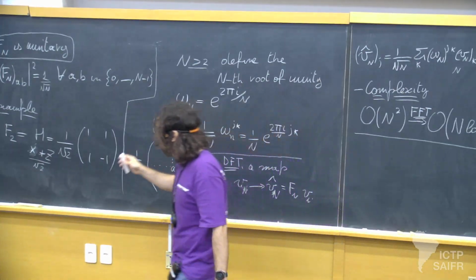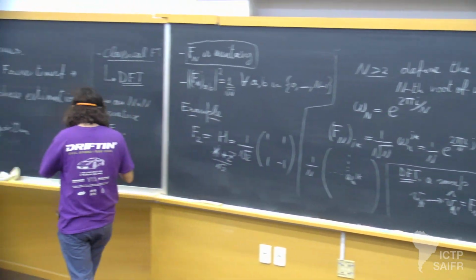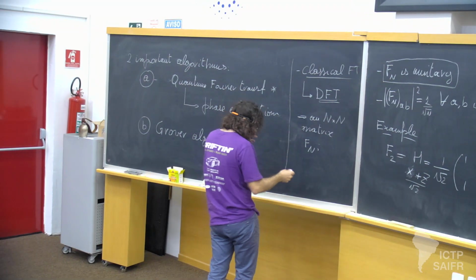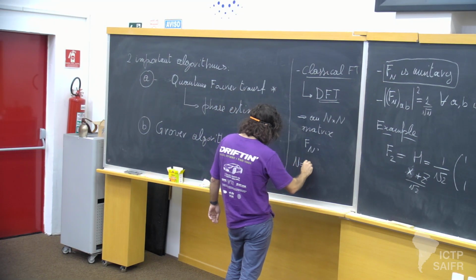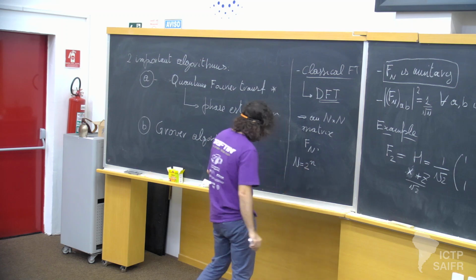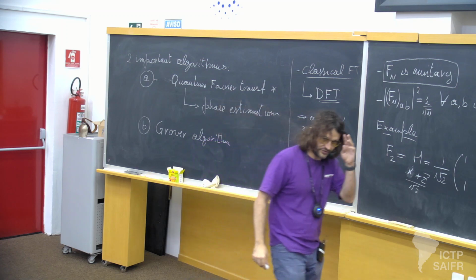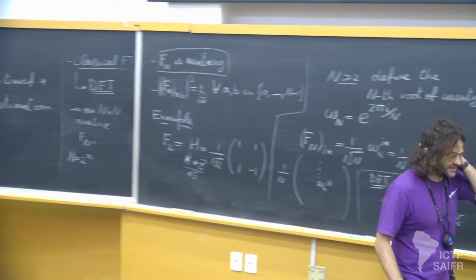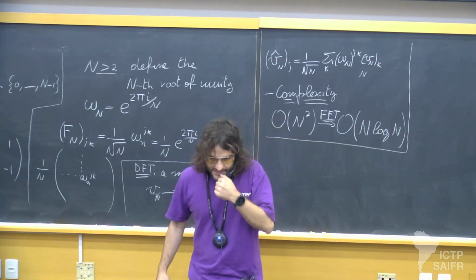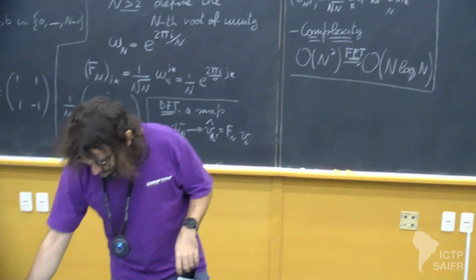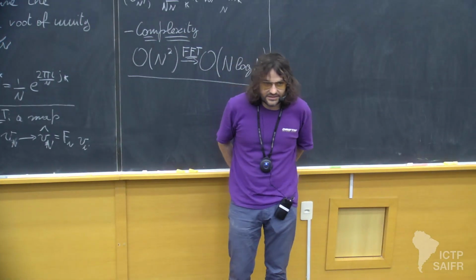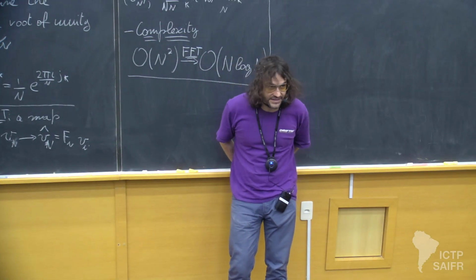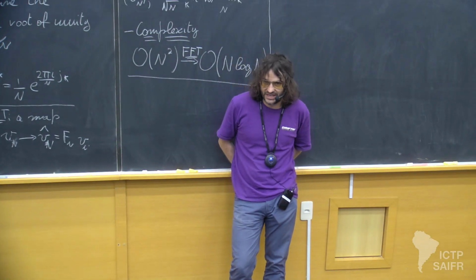By the way, just for being practical, as usual, we like even numbers and we like powers of 2. So let's assume that n is a power of 2. Now, in the quantum case, the fact that Fn is unitary is essentially telling us that this is already per se a quantum operation.